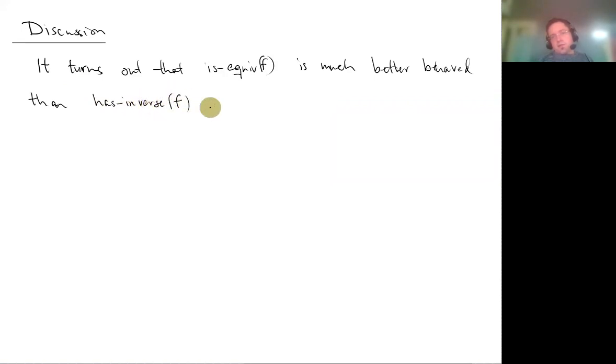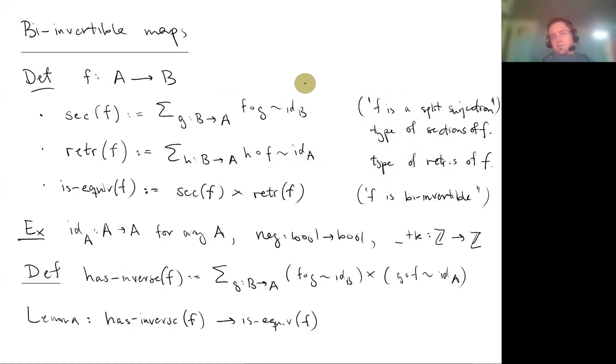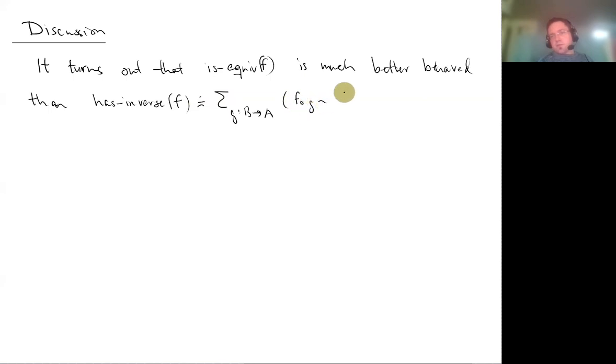That's has-inverse f. So let me just remind you what this is. This is the sigma type of a g, from B to A, and then these, let's see, I put f after g first, and g after f.